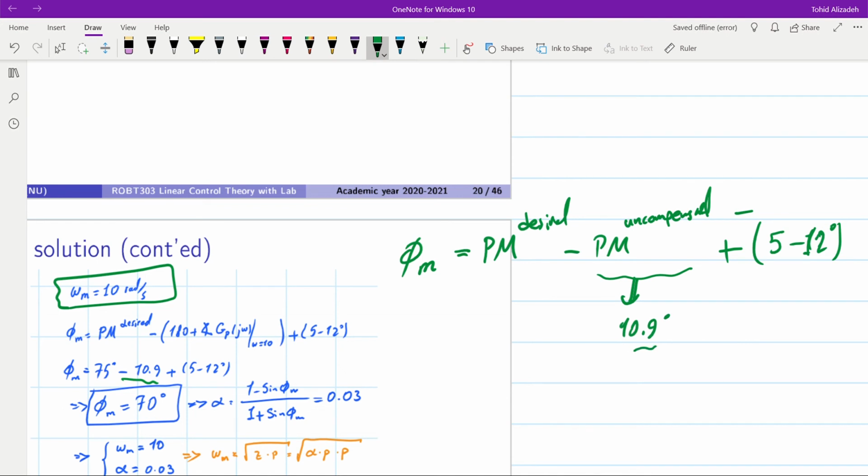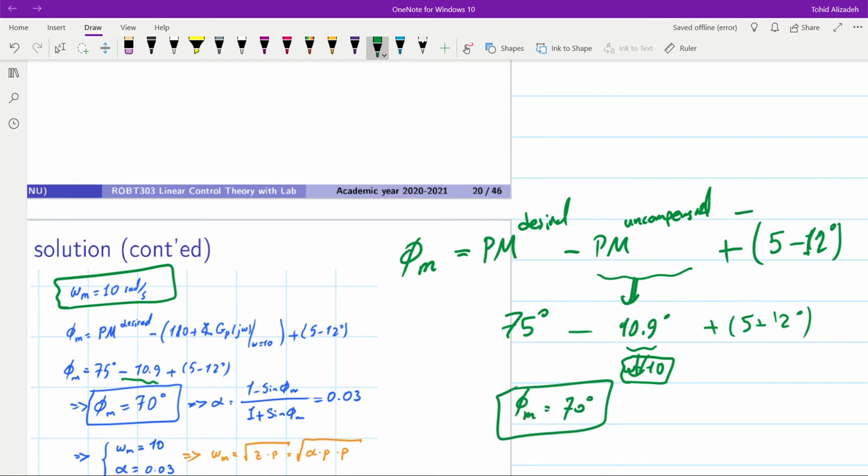So this is obtained by checking the phase margin at omega equal to 10. The desired phase margin is already given to us. It's 75 degrees. So we'll have 75 minus 10.9 plus some 5 to 12 degrees. And out of this, we will get phi m equal to 70 degrees.